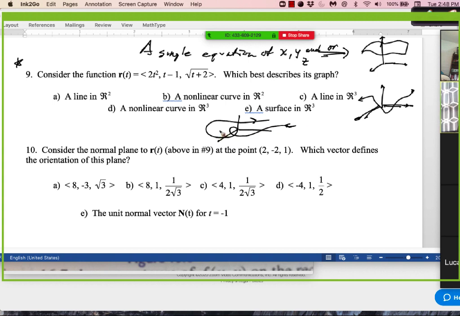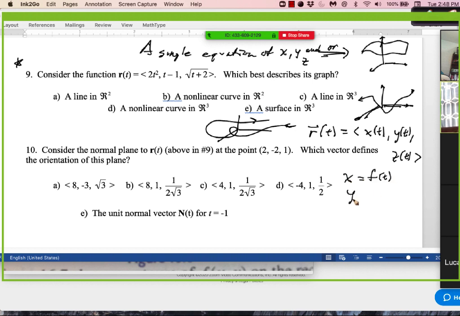And so a curve in space is a vector function, right? Or a parameterization, right? X as a function of t, y as a function of t, and z as a function of t, which you could write as a set of parametric equations, right? X equals f of t, y equals g of t, z equals h of t.